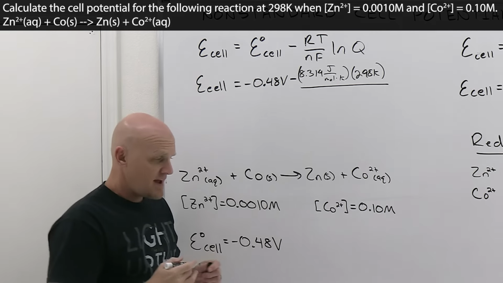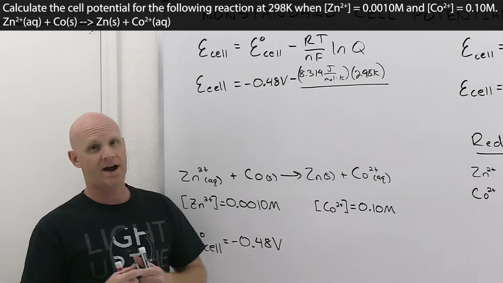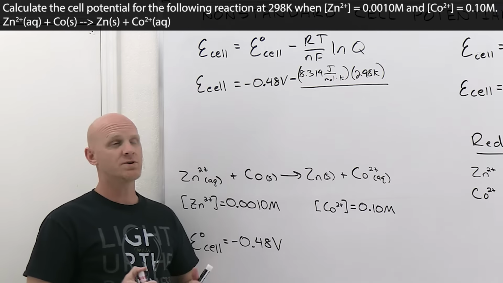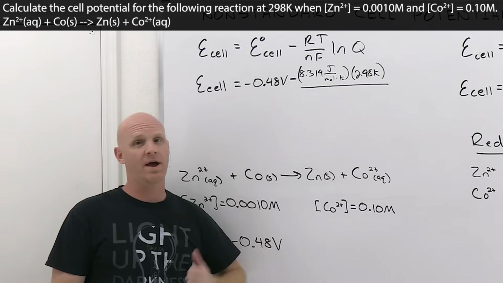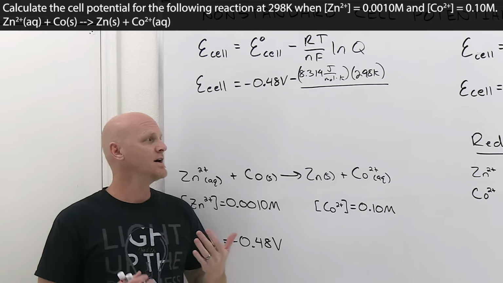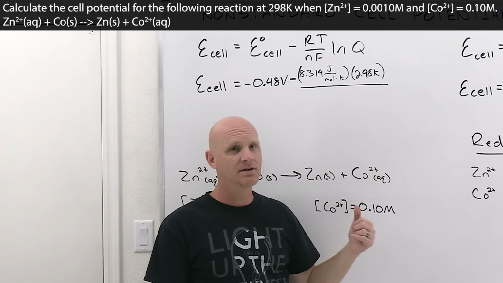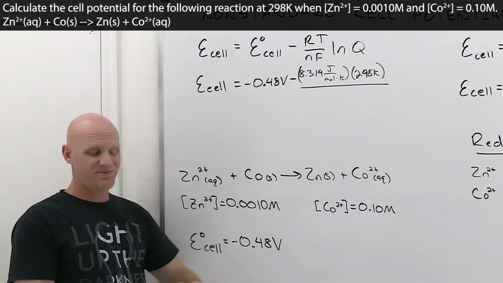And then nF here. If you look here, n is the number of moles of electrons transferred in the reaction, and it's the same n as what you're balancing an overall reaction to. It turns out you can apply this equation to a half reaction or the entire reaction. If it's for a half reaction, you just see that it's 2 electrons. But if it's for the entire balanced reaction, you're going to have to figure it out.